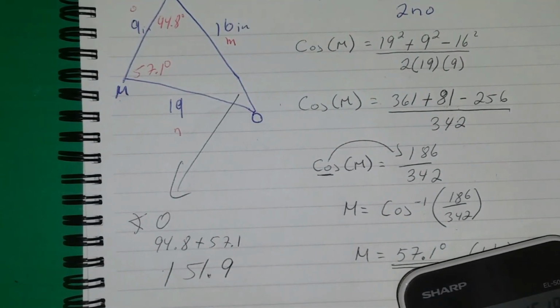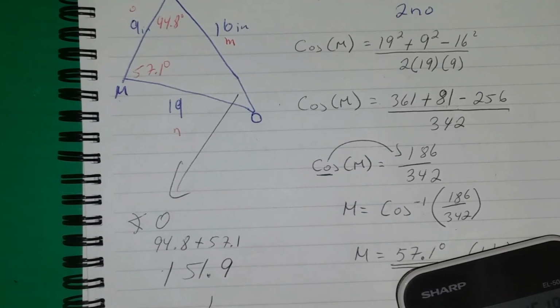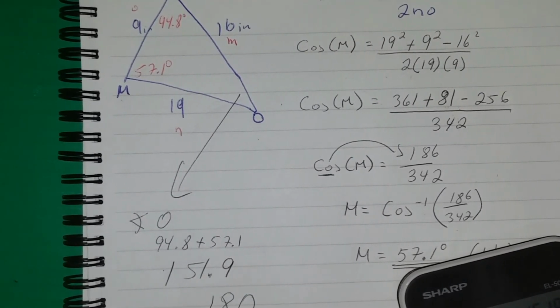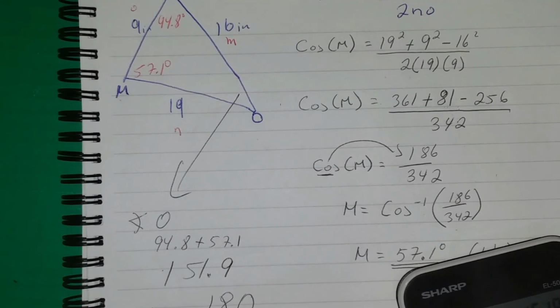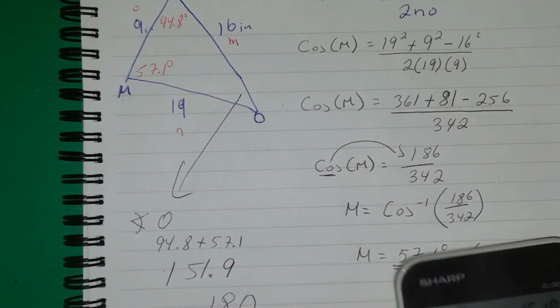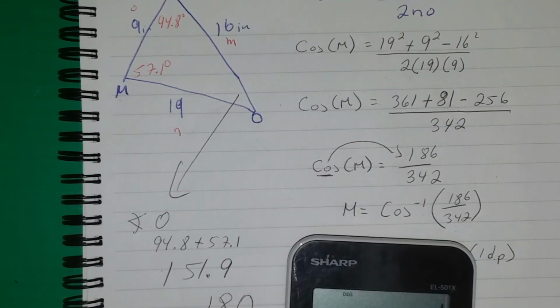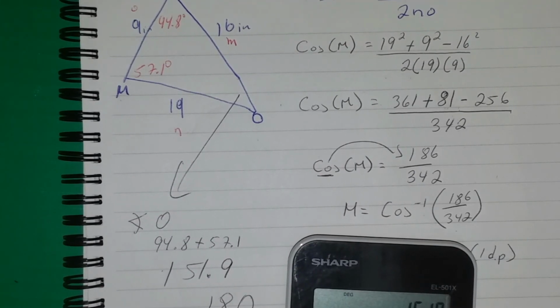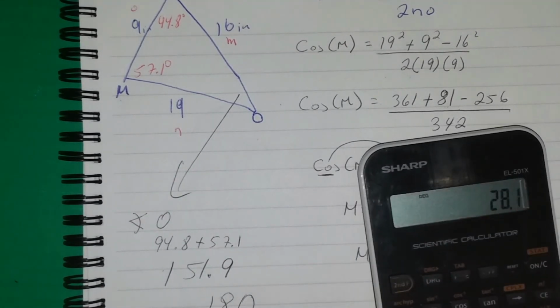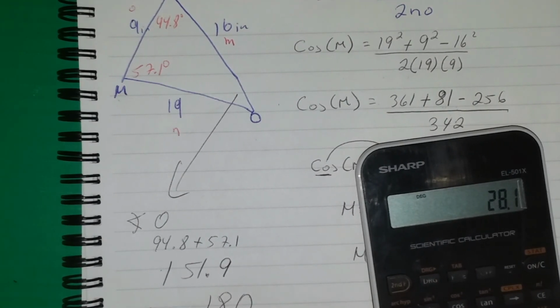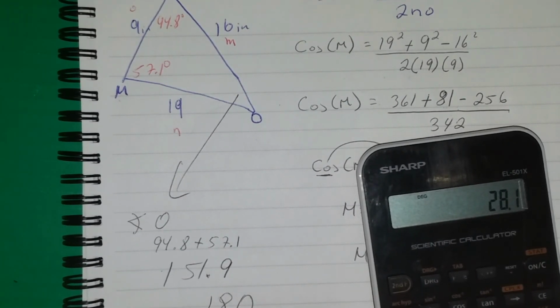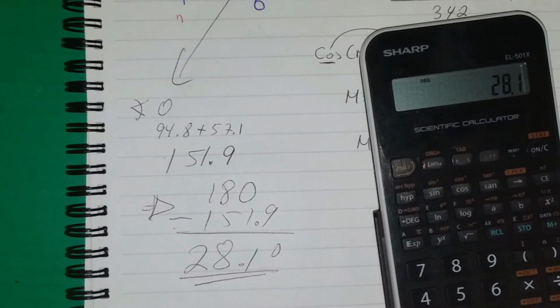So we're going to say 180 minus 151.9, that's going to be 28.1 degrees.